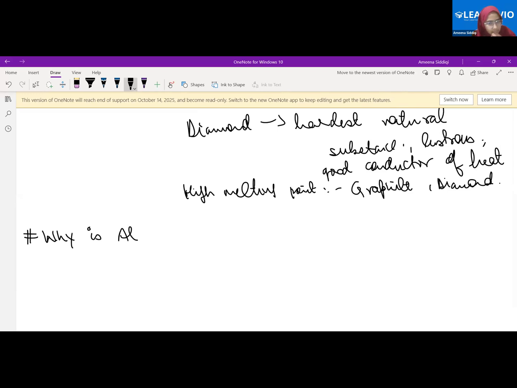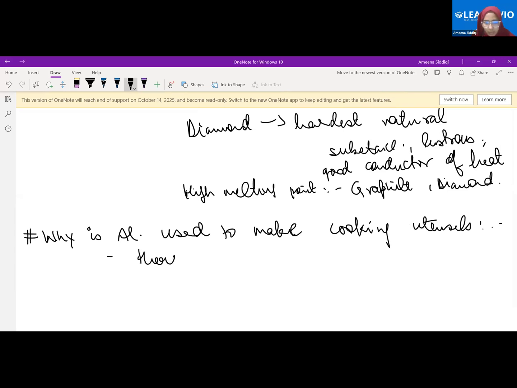Last point quickly regarding this topic. Why is aluminium used to make cooking utensils? Can you tell me? It has good thermal conductivity. Yes, it can conduct the heat very smoothly.